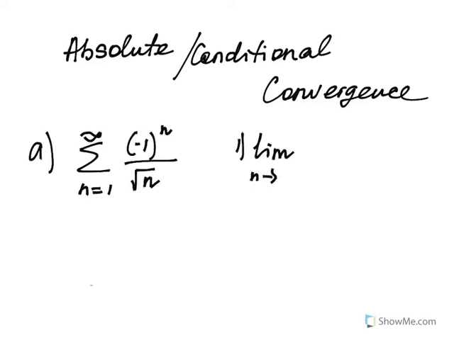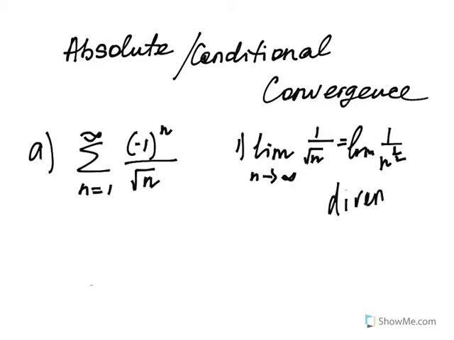So as n approaches infinity, n gets bigger and bigger, the square root of n gets bigger and bigger, and the whole limit approaches 0. So the first condition works.